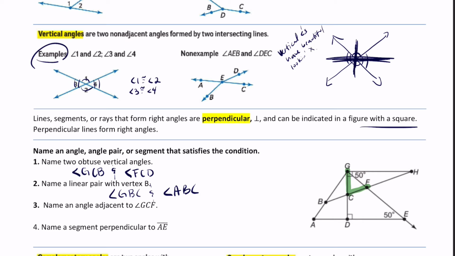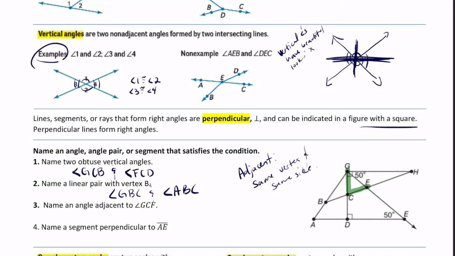And remember, adjacent means they have to have the same vertex and the same side. Okay, so I take a look. Here's a side over here. Here's a side over here, and here's the point that they share. So man, what about this?